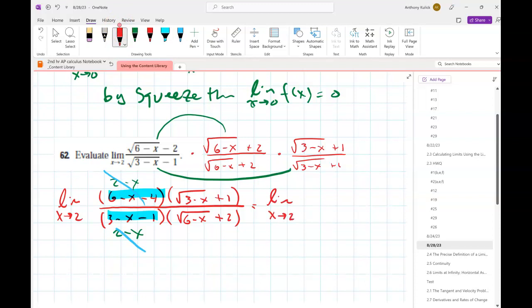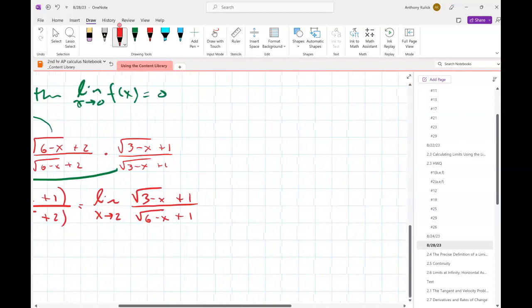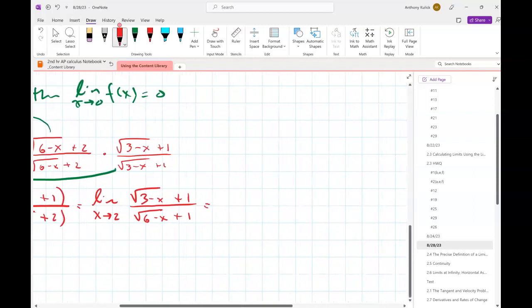And guess what we have now? Notice that basically all we've done is we've made a reciprocal, but more importantly, we've changed those minuses into pluses. What's that going to allow us to do? Now, keep in mind that technically we're not doing direct substitution.